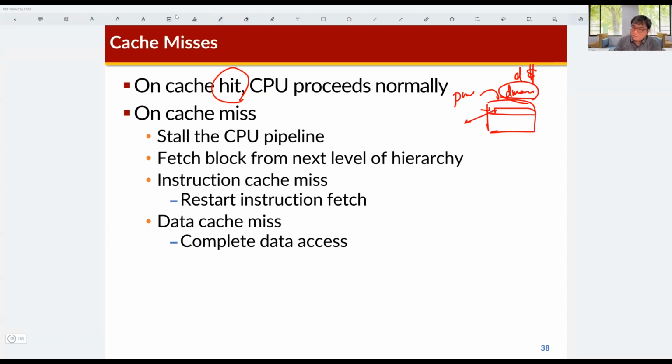So what will happen? It will take only one cycle. In chapter 4, we assume that the data memory can be accessed within one cycle. So the data cache also can be accessed within one cycle, which means the data is found and provided to the processor within one cycle. So the pipeline just flows as normal.